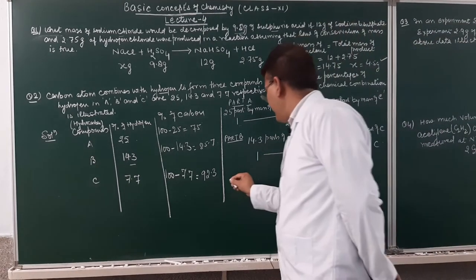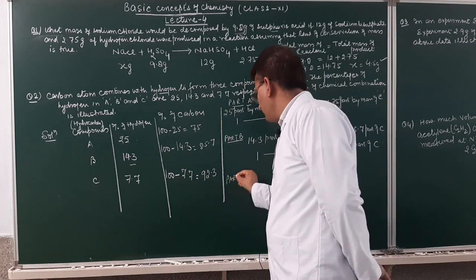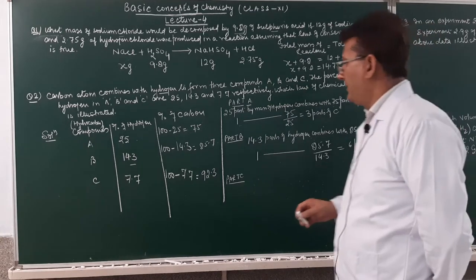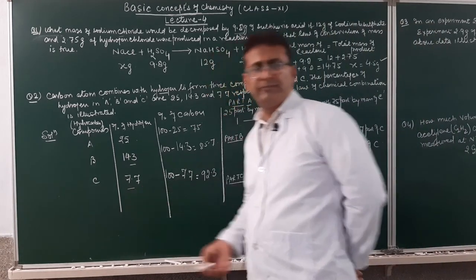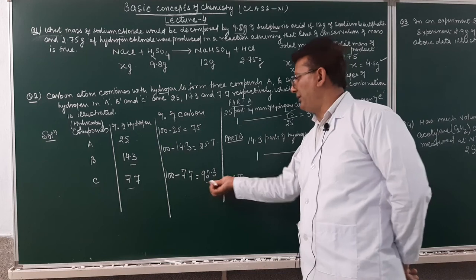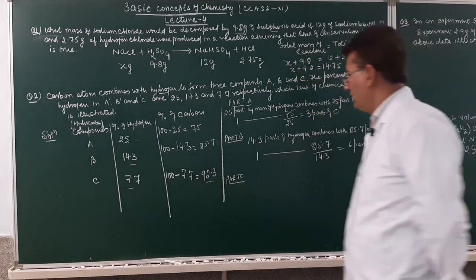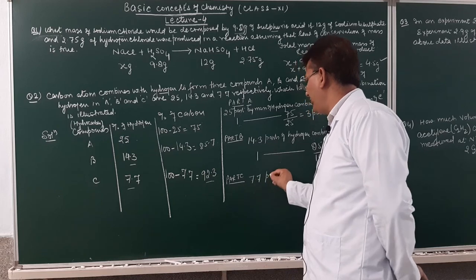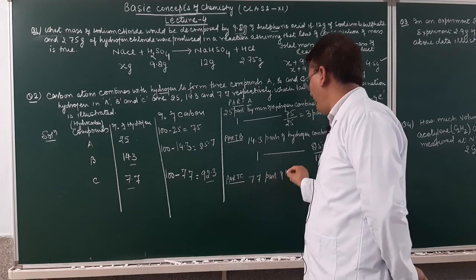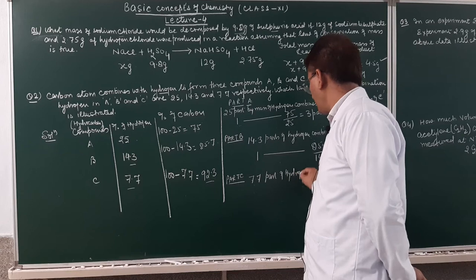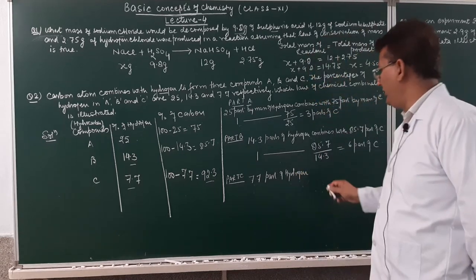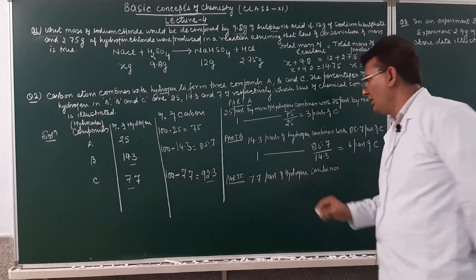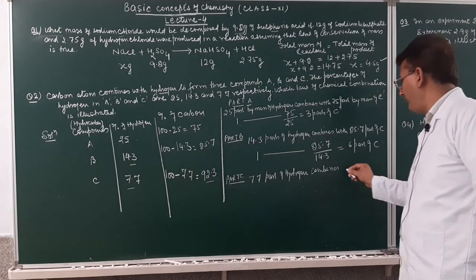Then part C. If I take 7.7 parts by mass of hydrogen, it combines with what part by mass of carbon? 92.3. So 7.7 parts of hydrogen combines with 92.3 parts by mass of carbon.